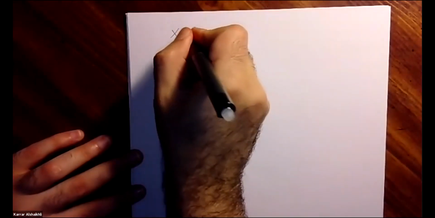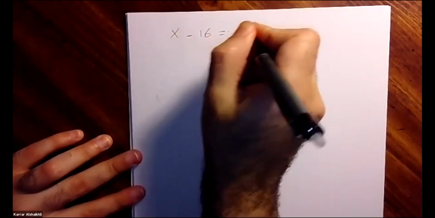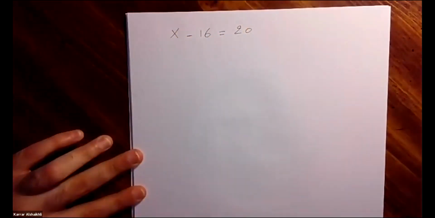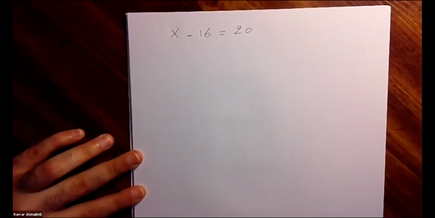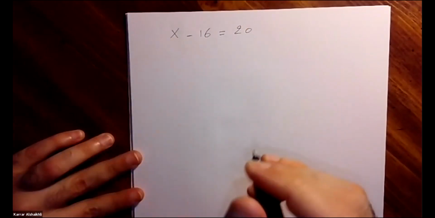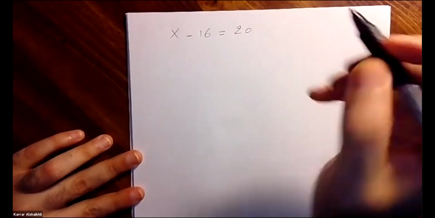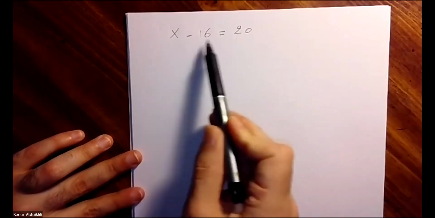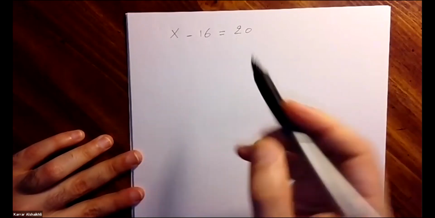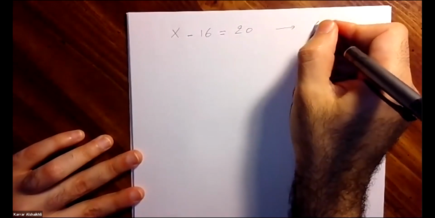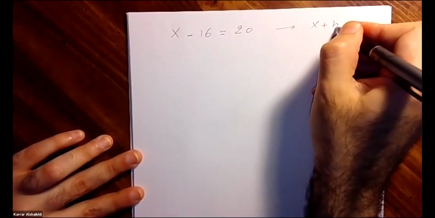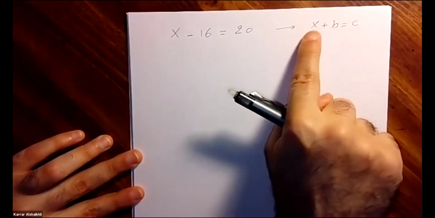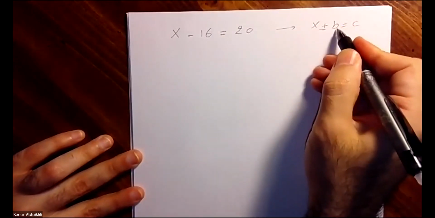So here's another example. If we have x minus 16 equal to 20, you see, I need to move the numbers to the right side and keep the variables on the left side, because these equations look like x plus b equals c, exactly the same thing. x plus or minus a number equals a number.